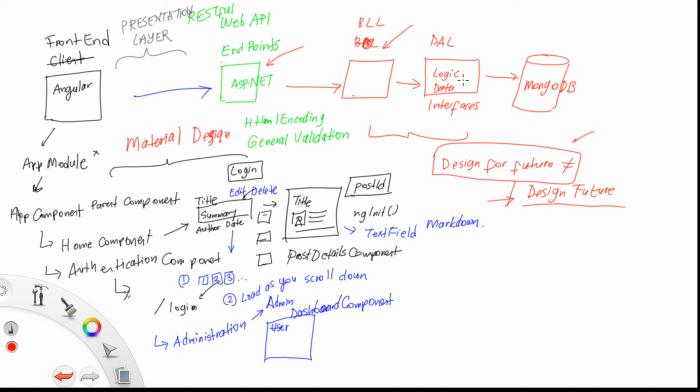Extracting the logical classes into it is not going to be a big deal because the project is very simple, and I do have all the refactoring tools that will help me a lot. So the verdict is I'm not going with this layer, and I'm just going to have this layer and our database.